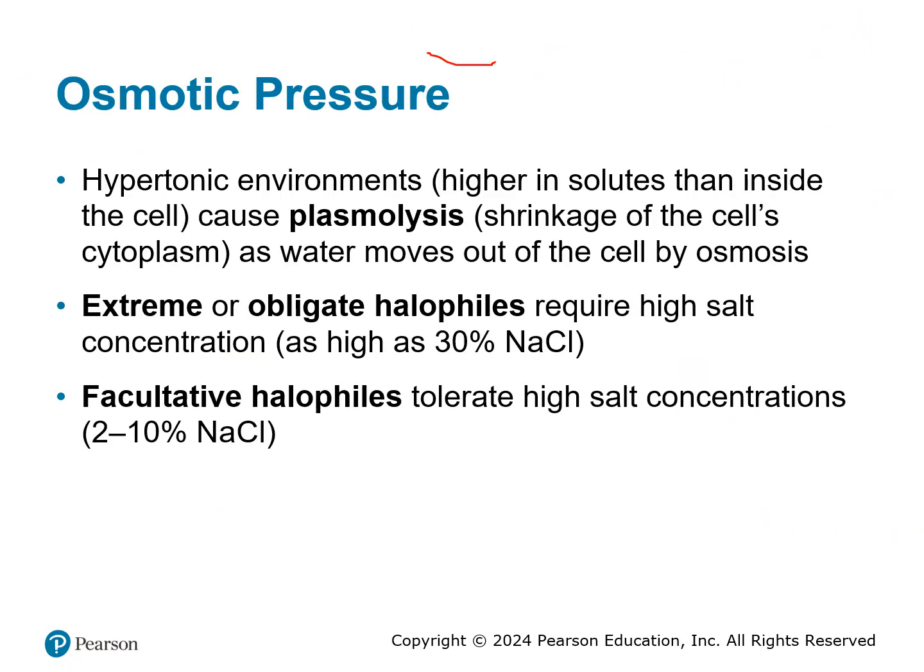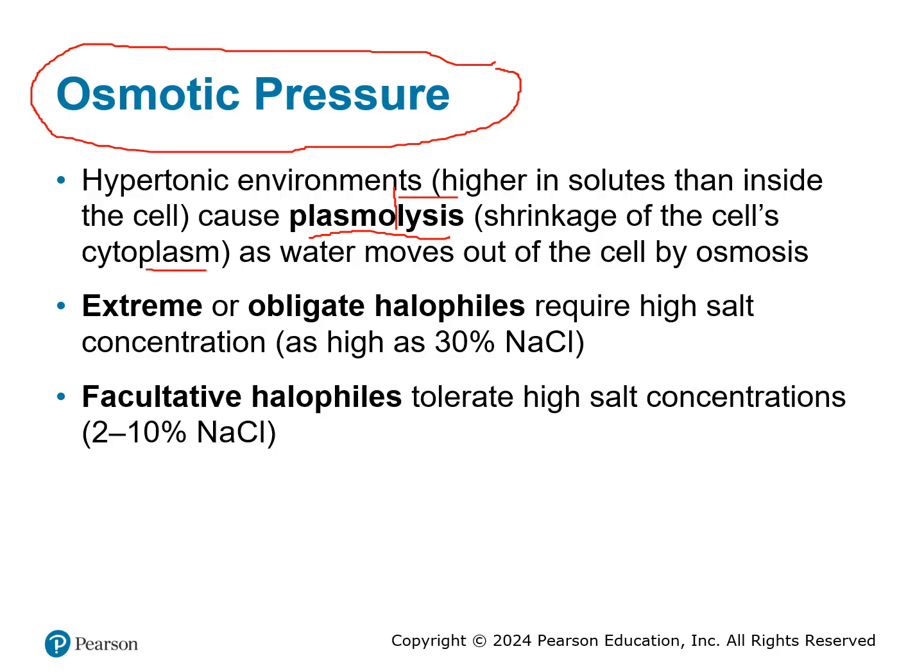All right, we're going to do an experiment this week coming up with osmotic pressure. Okay, we're going to get some algae and we're going to put different solutions on it, and we'll be able to see the plasmolysis. Plasmolysis is going to shrink the cytoplasm, right? Lysis is going to take the cytoplasm out.